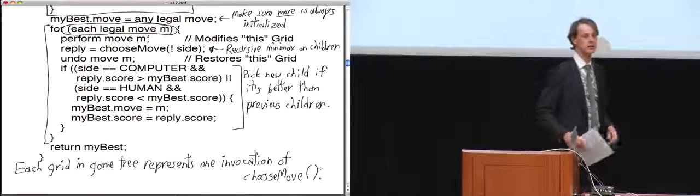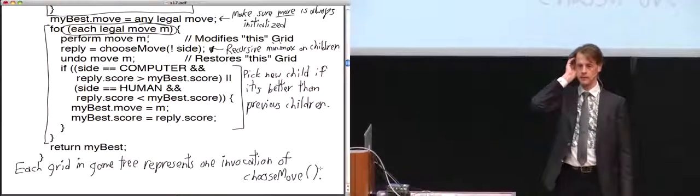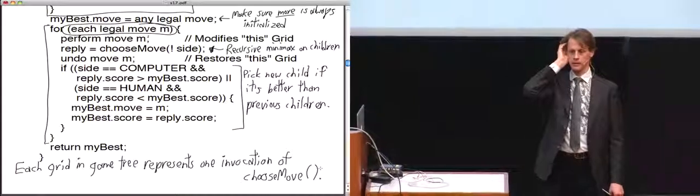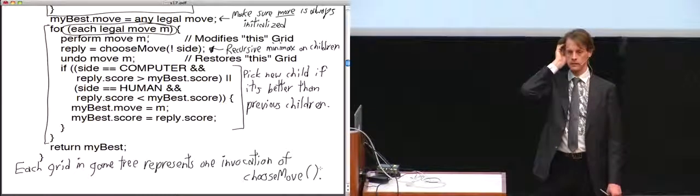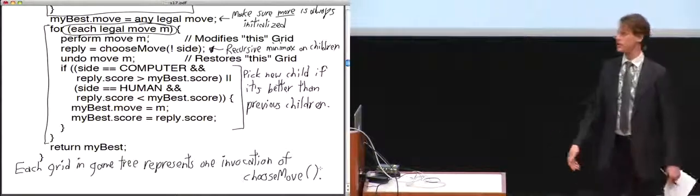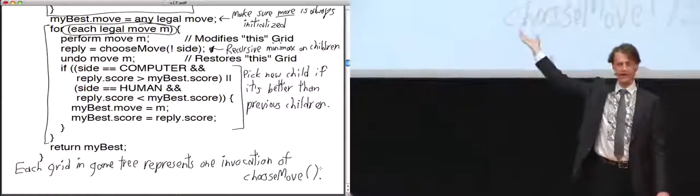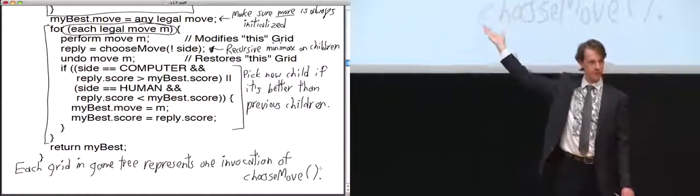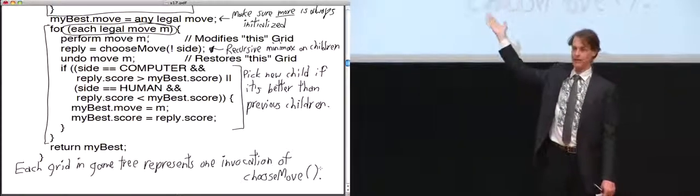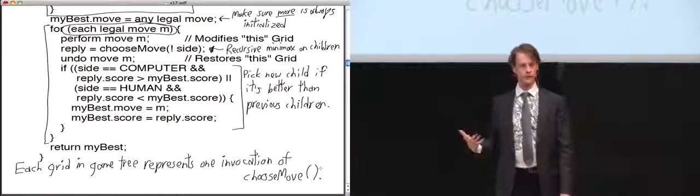Other questions? Yeah. Pretty much. So the question is, suppose I run this on a grid. I finally, after expanding this tree, figure out the best move, and I make that move. Now my opponent makes a move. It's time for me to move again.